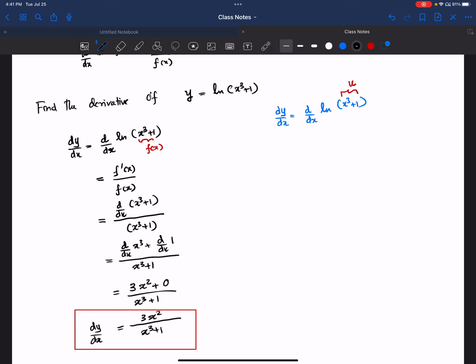If I take that as u, I can write the chain rule: d over du natural log of u times du over dx. d over du natural log of u is 1 over u, as we learned previously.